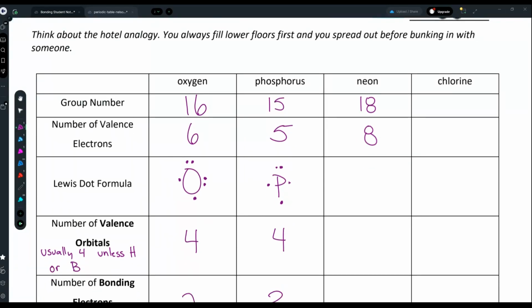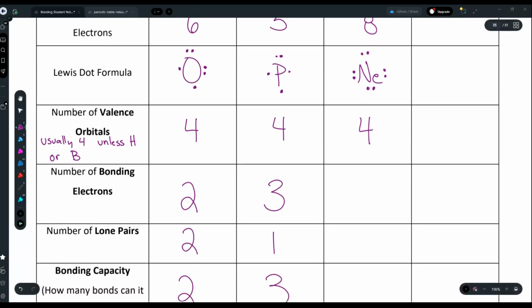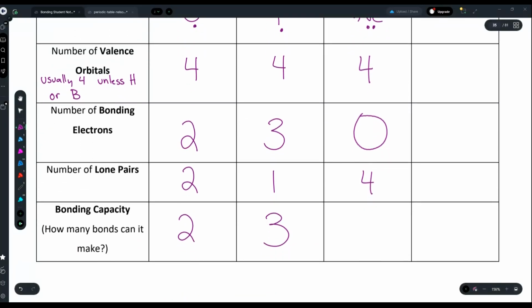For our Lewis dot formula for neon, I'm going to start at the top and go 1, 2, 3, 4, 5, 6, 7, 8. We have 4 valence orbitals. We have no electrons by themselves, so no bonding electrons, and we have 4 lone pairs. So for its bonding capacity, because there are no bonding electrons, neon doesn't like to make bonds.